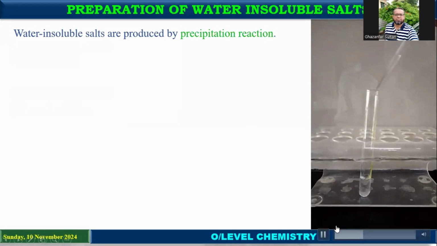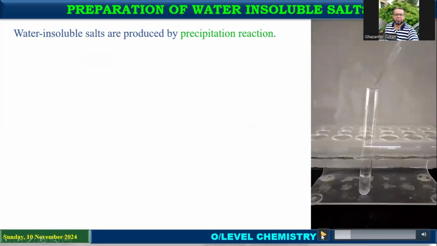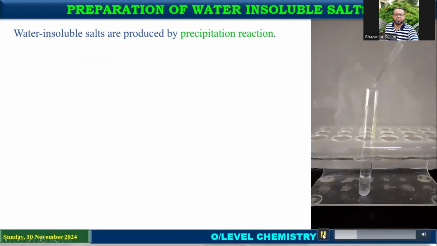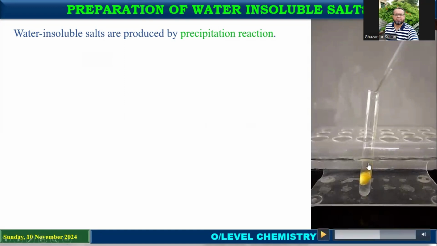When they combine together, see again, both of these are transparent solutions. Both of these are aqueous solutions. There is no solid, you can't see any solid here. But now, see, the yellow solid is obtained by the reaction between these two.